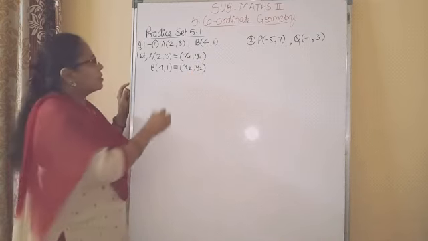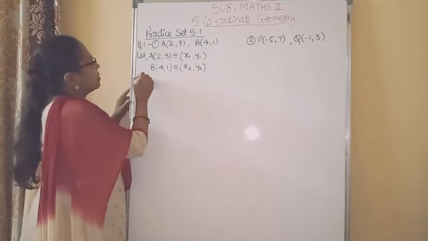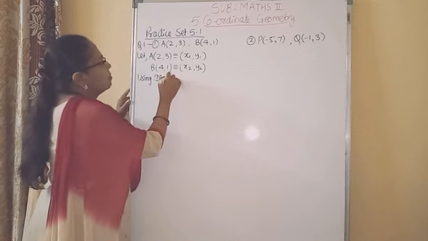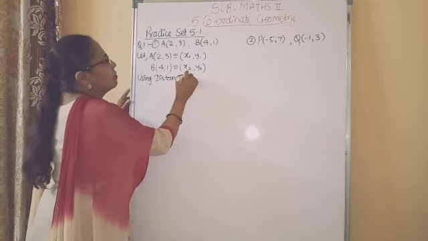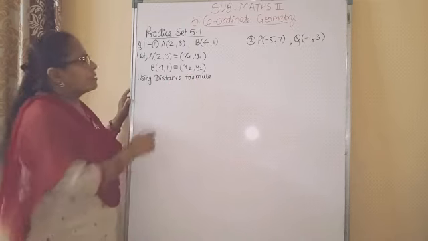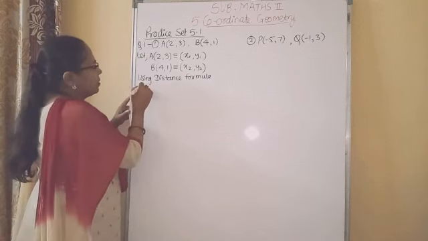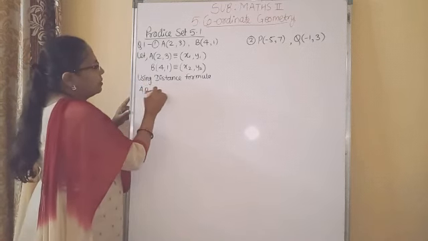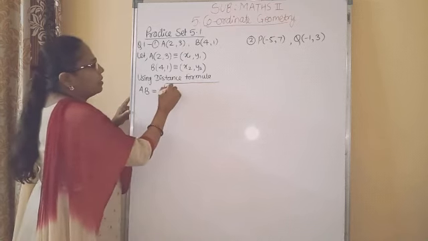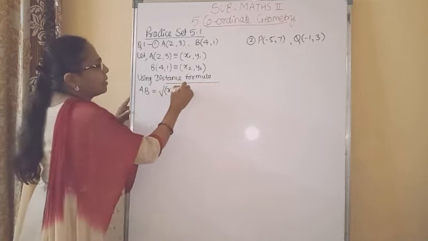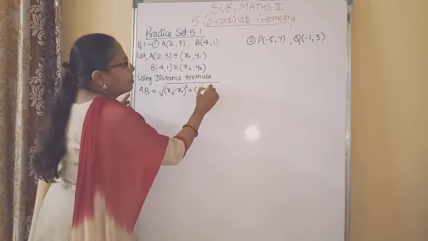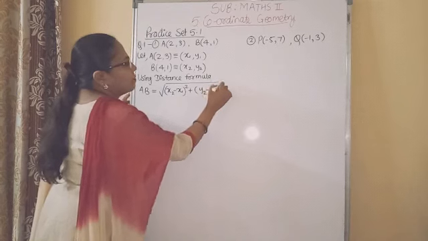Okay. Now using the distance formula, the distance between AB is equal to the square root of (x2 minus x1) whole square plus (y2 minus y1) whole square.